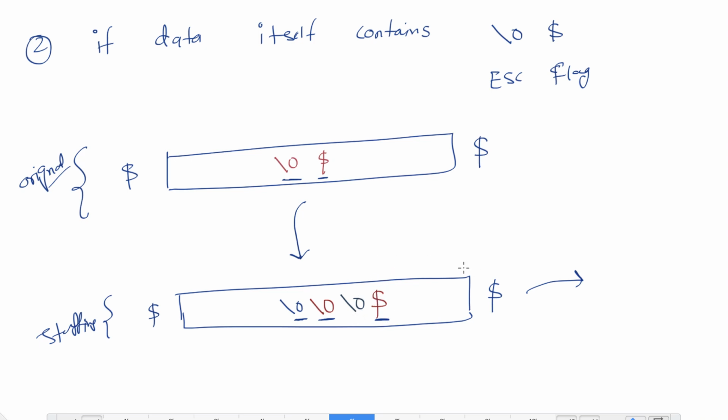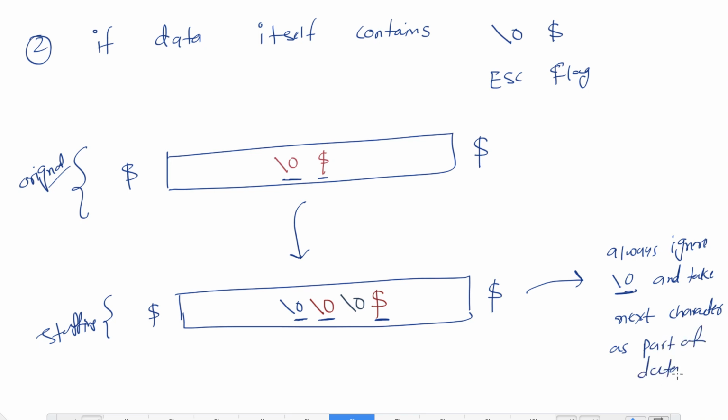So at the receiver side, the rule is always ignore the ESC and take the next character or next byte as part of data. So the receiver will ignore this, take this as data, ignore this, take this as data, which is in fact what we wanted, because our data has \0 and $.